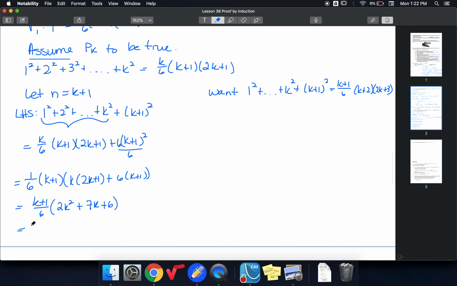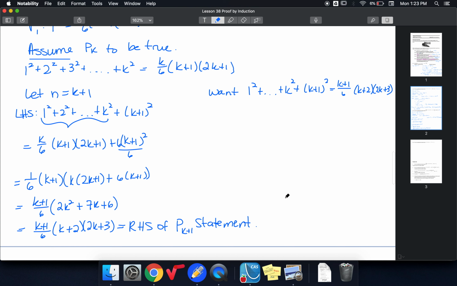And sure enough, that's going to give me k plus 1 over 6 times, this is going to factor into, k plus 2 times 2k plus 3. So just a quick check: 2k squared, 3k and 4k make 7k, and that gives me my 6, equals the right-hand side of the P sub k plus 1 statement.